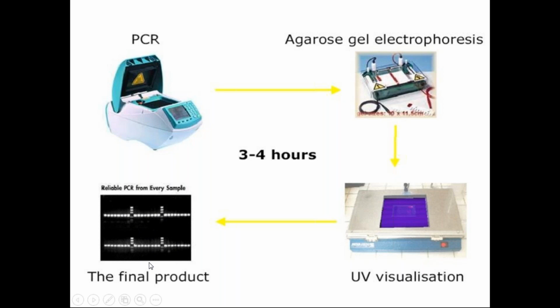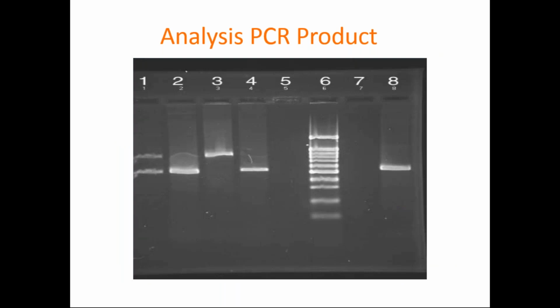So it will take 3 to 4 hours. This is the PCR product. In the gel doc system, we develop this PCR result. You can see the different samples. There are 8 wells, and 8 different PCR products are generated, and in this way we can develop the PCR result.